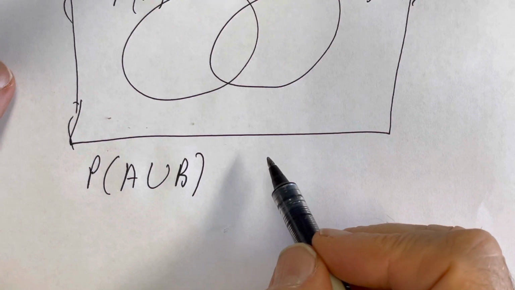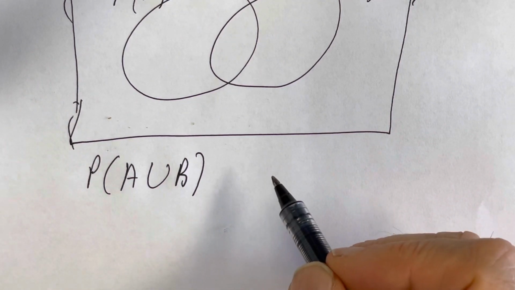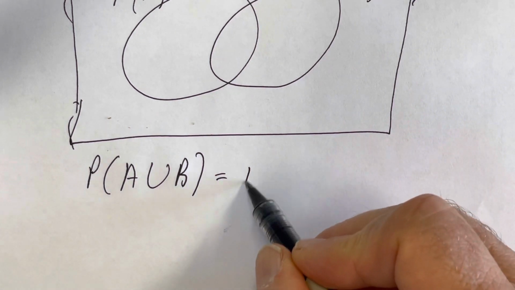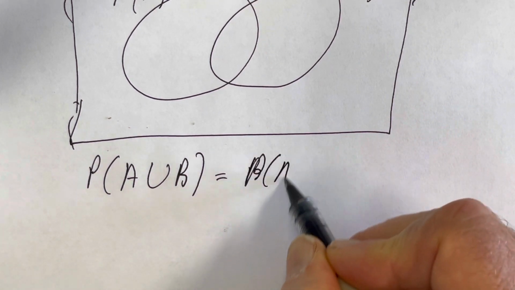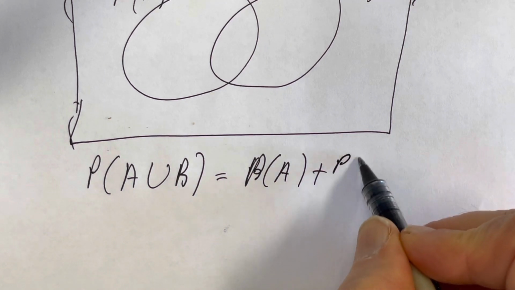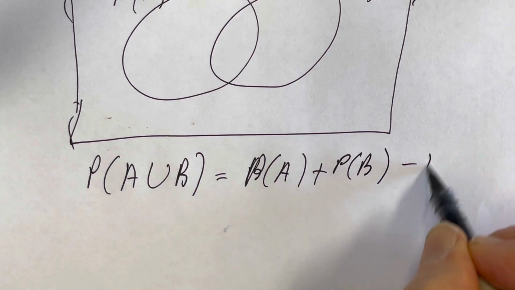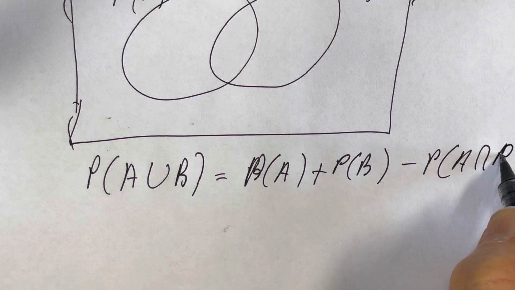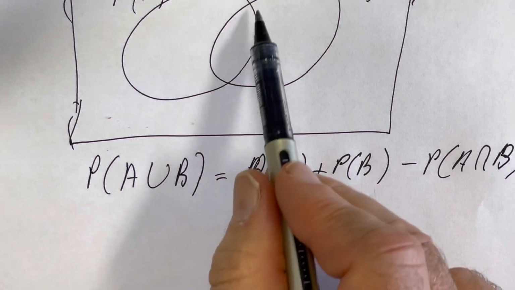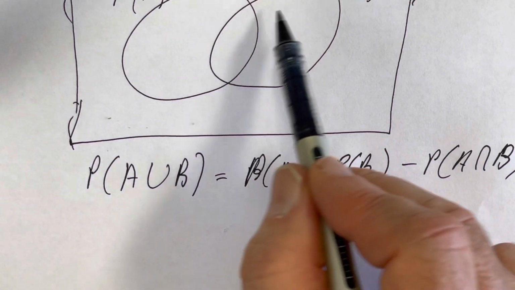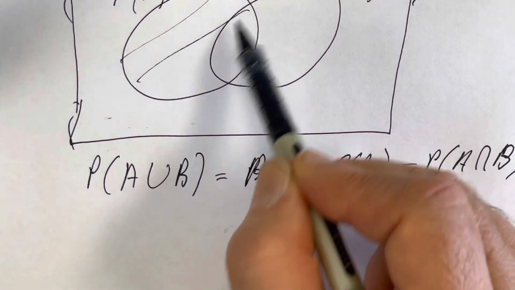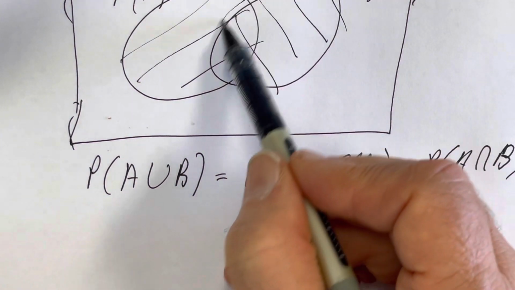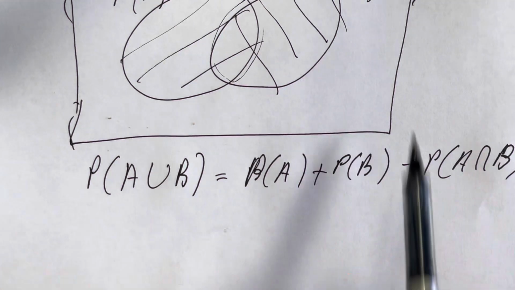Now we can use the formula straight away, which is the probability of A plus the probability of B minus the probability of A intersect B. In other words, add this whole A in, the probability of A plus the probability of B, but then subtract this middle section, otherwise you count it twice.